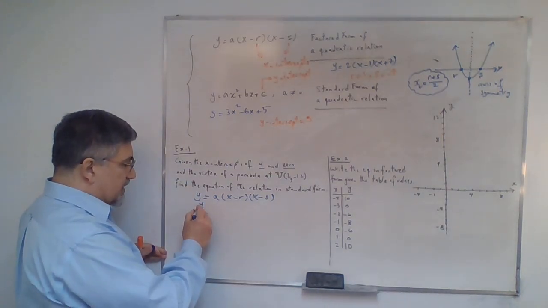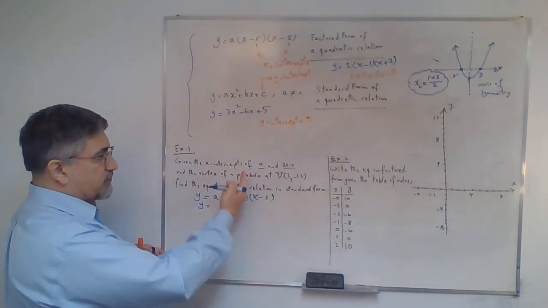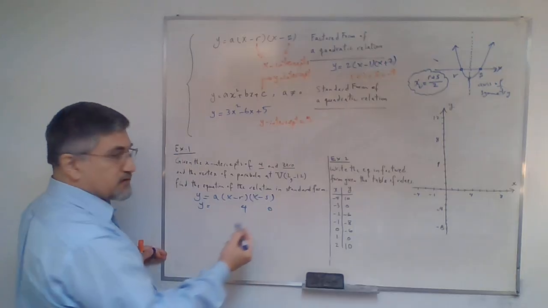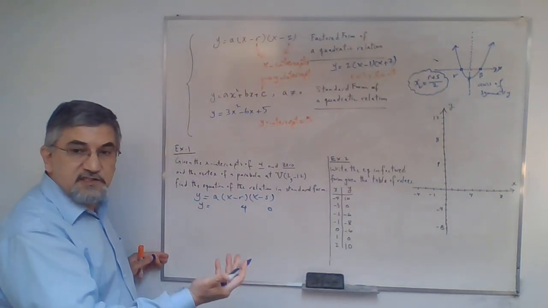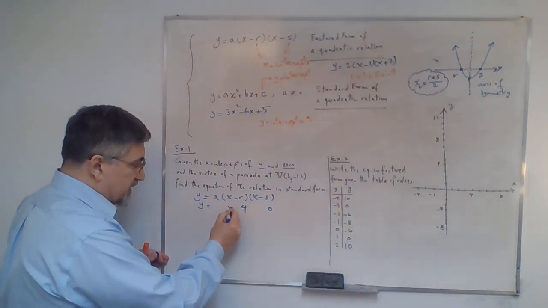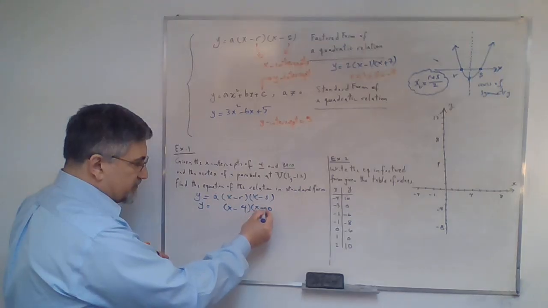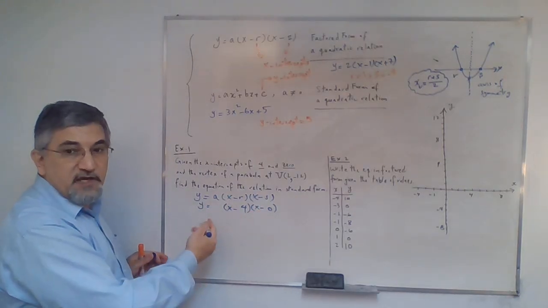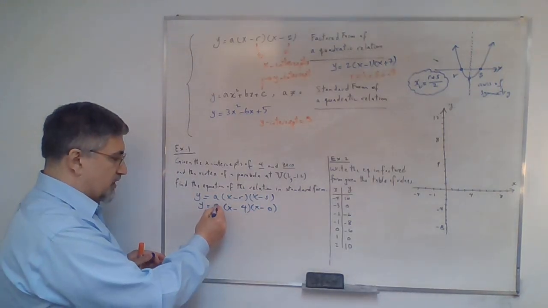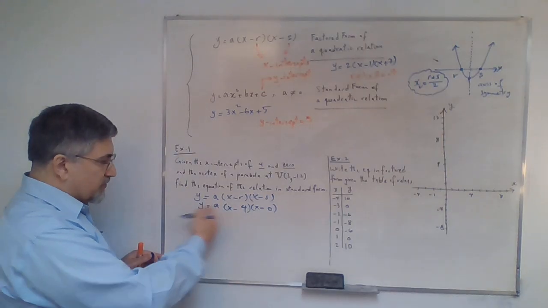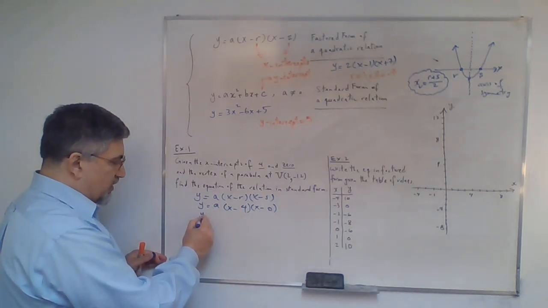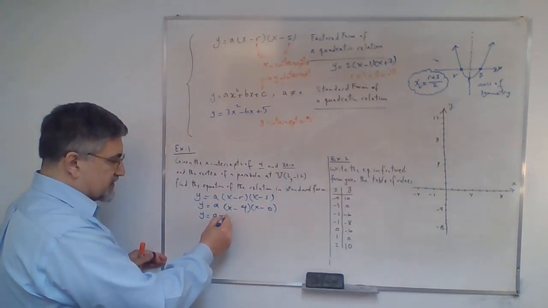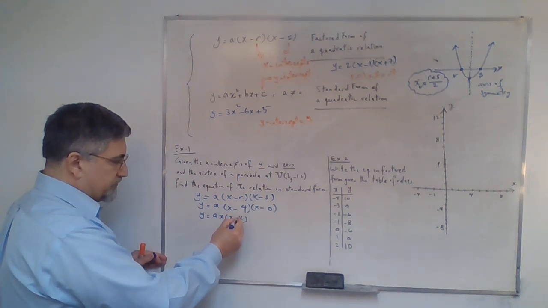And then instead of values of r and s, we are going to plug in 4 and 0 because we know that the x-intercepts are 4 and 0. So we end up with (x - 4)(x - 0). The value of a we do not know. Therefore, it remains unchanged. So if I just simplify this, I'll get y = ax(x - 4).